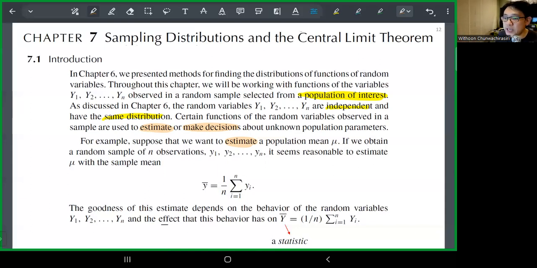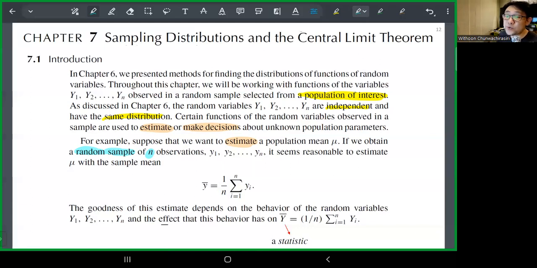We obtain a random sample, and we still stick with random sampling because that's the unbiased way of sampling. Sample number 1, sample number 2, sample number 3, all the way to n, so you have n observations.